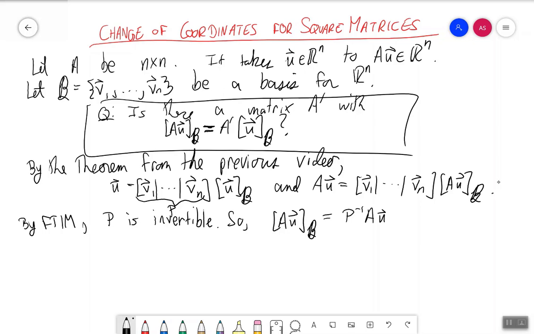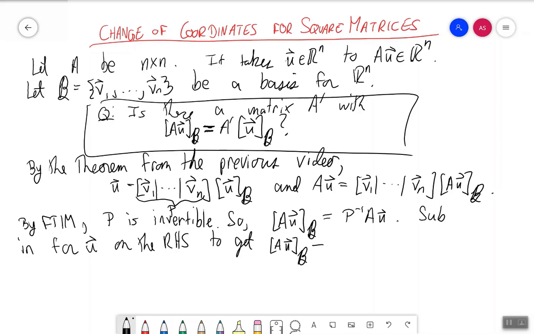That's using the second equation over here. Now let's substitute in the equation for u on the right hand side to get the coordinate vector of Au with respect to B equal to P inverse A times P times the coordinate vector of u.